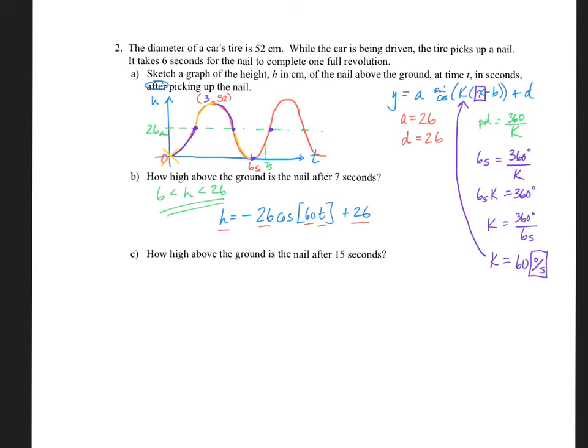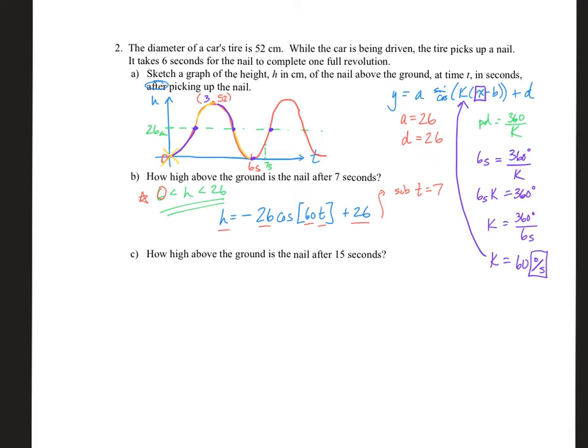Now that you have that, it should be really easy for us to work our way through to answer that question. We're going to sub in t equals 7. Remember, our expectation, we should be getting an answer somewhere between 0 and 26.